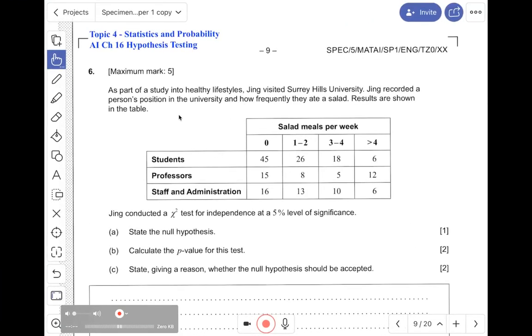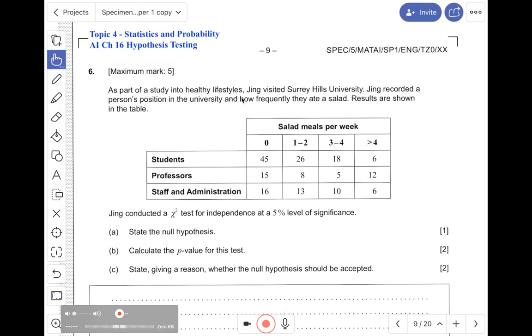Question 6. This is a study. You have a tally chart here, basically a frequency chart, a tally chart that was turned into a frequency chart. And what this tells us is person's position in the university: students, professors, staff, and administration. That's one variable.